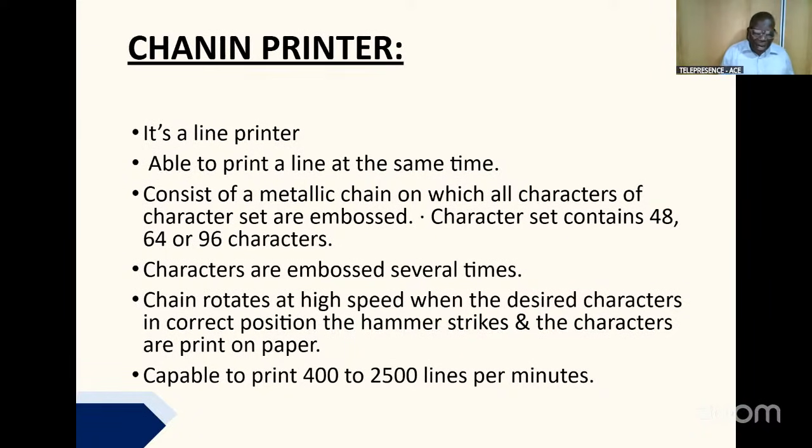Characters are embossed several times. The chain rotates at a high speed, and when the desired character is in the correct position, the hammer strikes and the character is printed on the paper. Capable of printing 400 to 2,500 lines per second.